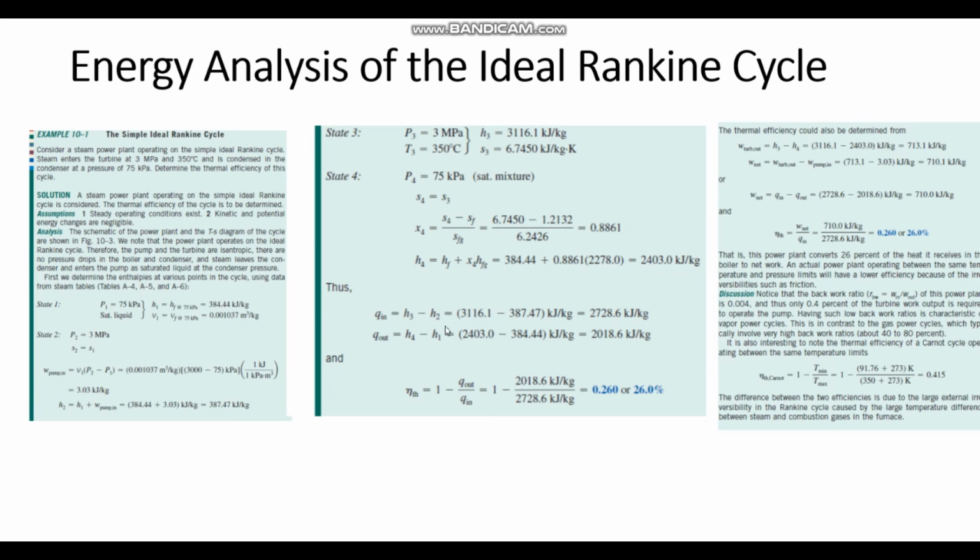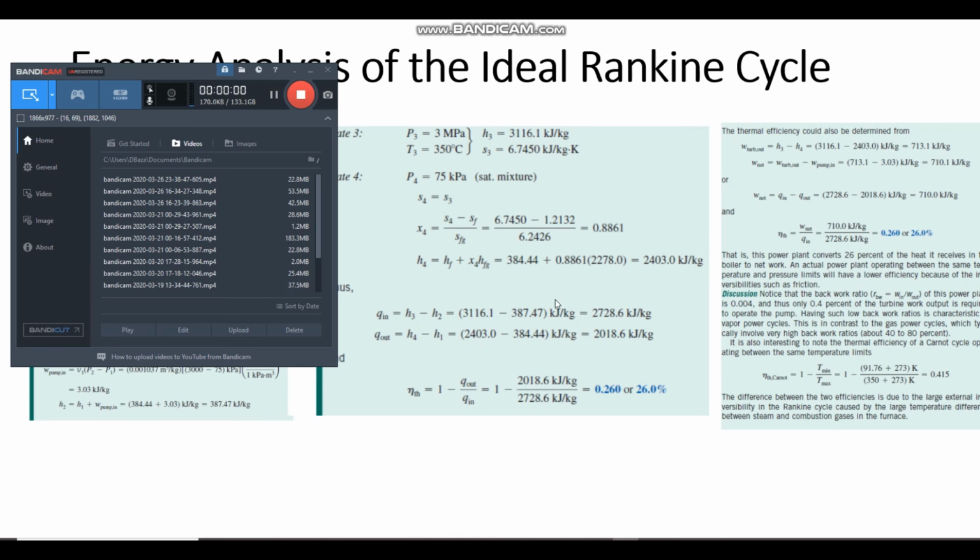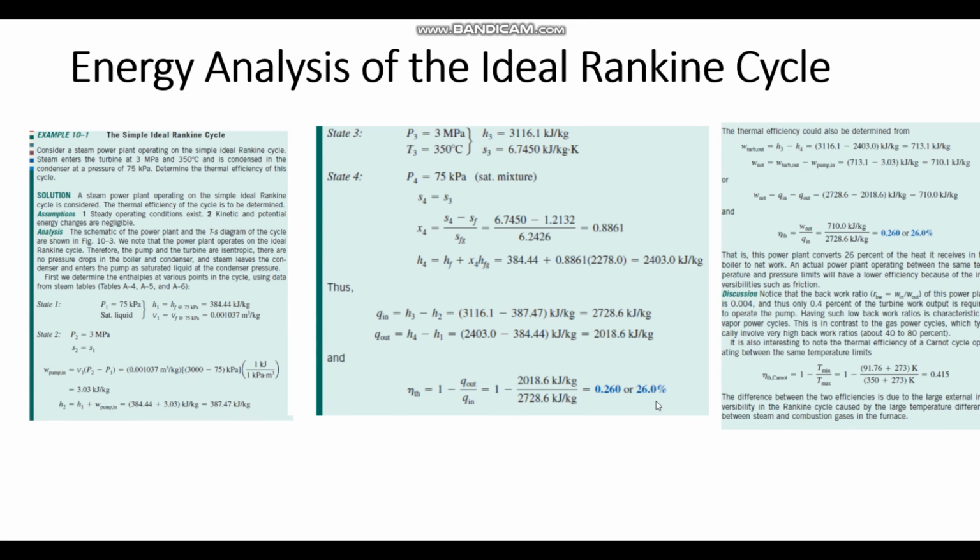The amount of heat given to the cycle is the difference between the superheated vapor and the saturated liquid. The amount of heat given to the environment is the difference between the saturated mixture and the pumped water, 348. Thus we find the thermal efficiency of the cycle, and it is equal to 26%.